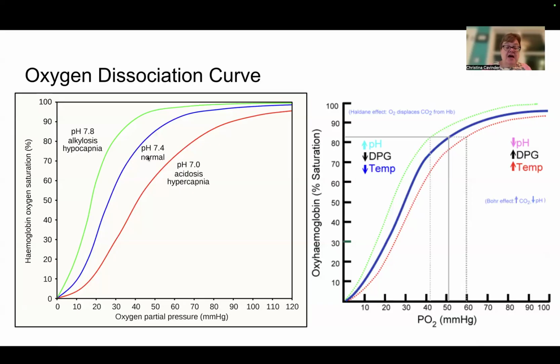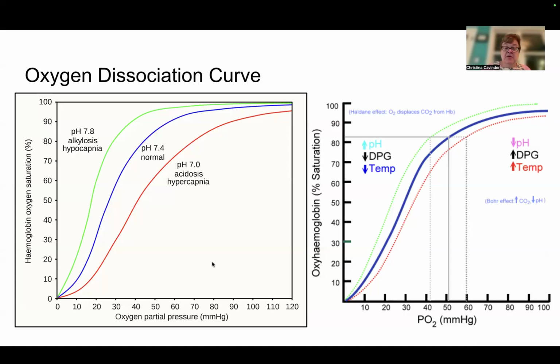So remember that the more acidotic you are, it moves it to the right. You can have a lower SAT with higher PO2s. It does the same thing also with not just pH, but your temperature. So if you are cold, it moves it to the left. If you are warm, it moves it to the right.